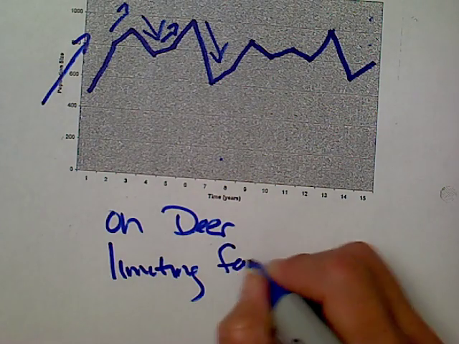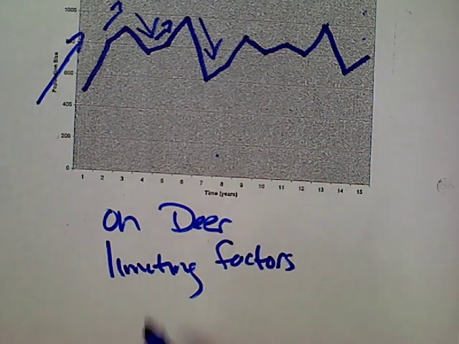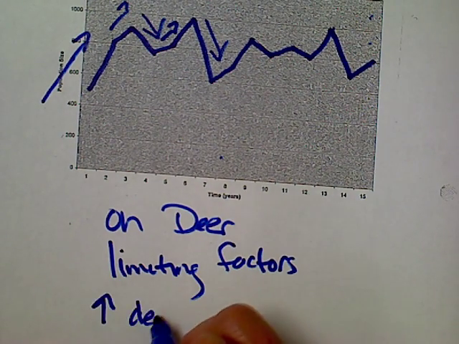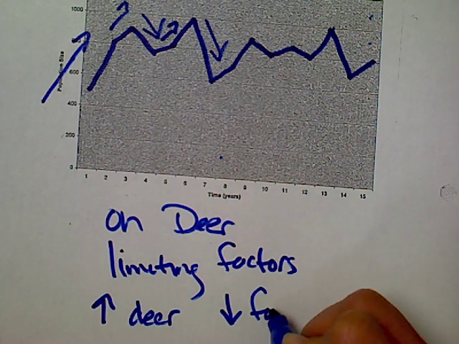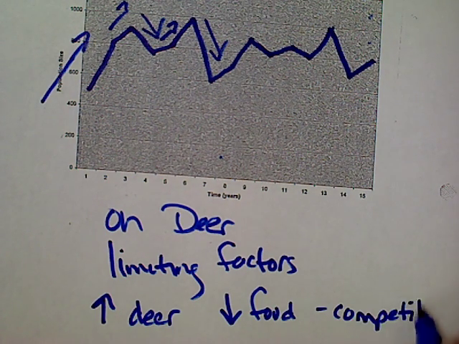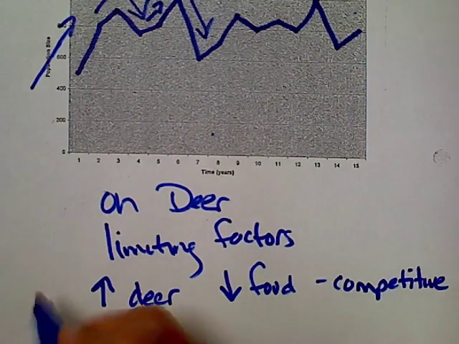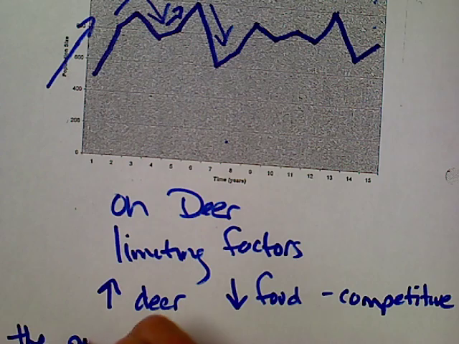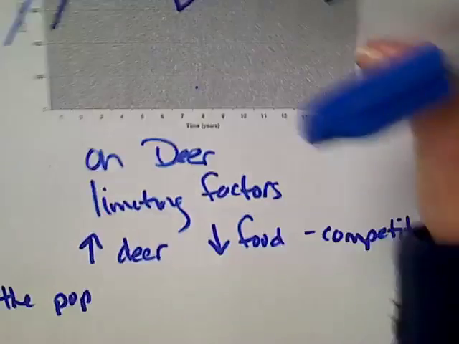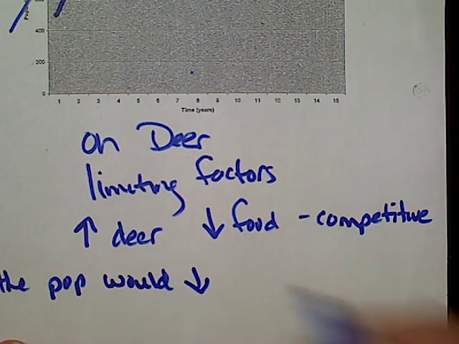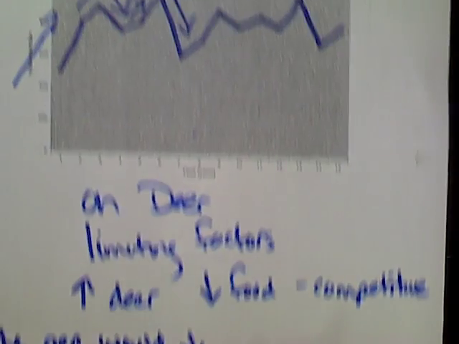If I had more deer than I had food, so I had more deer and less food, things became very competitive. And with that competitiveness, then my population would decrease. Okay, goes up and down.